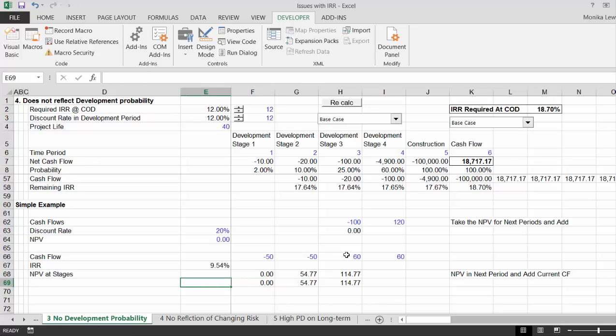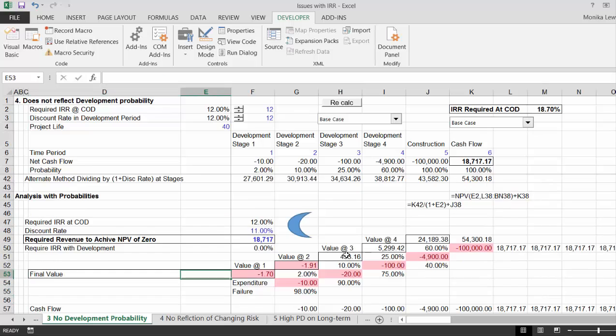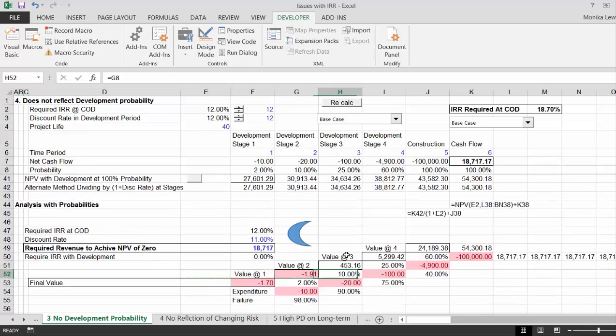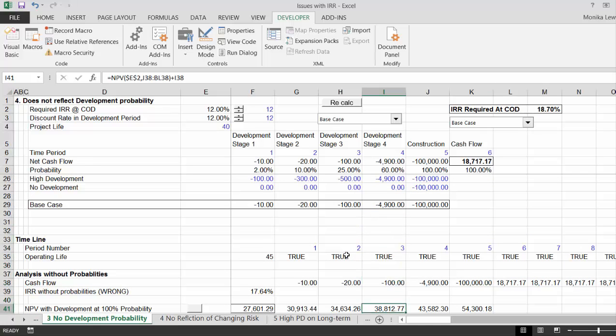Now, the reason that's so important to do is what we're going to do is we have to bring all those NPVs back to 0, but adjust for the discount rates. So here's a case where we have basically the same case. Let's put no development expenditures.